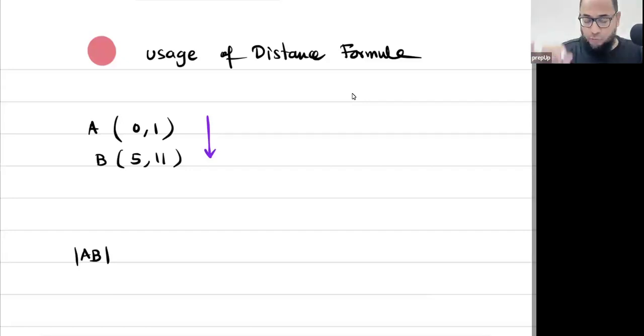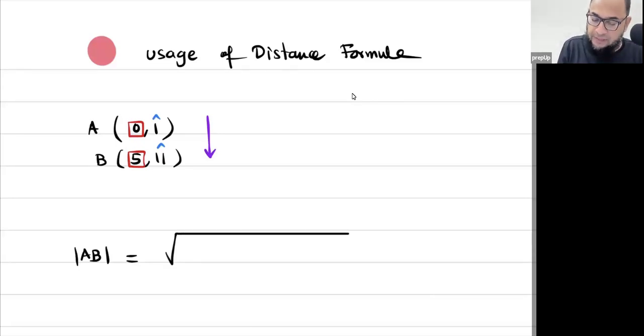So I'm doing it from top to bottom, top to bottom. So this is X, this is X, this is Y, this is Y. So therefore, first of all, let me write down the template. That is the square root like this. And then there are 2 brackets with the square in it.